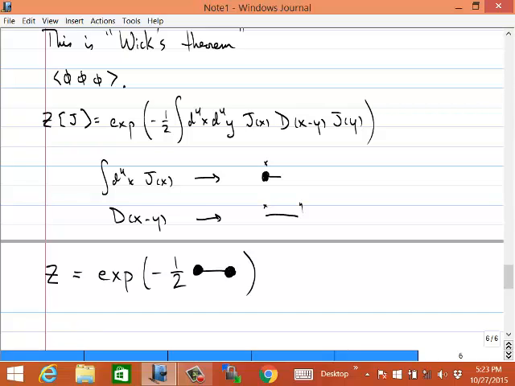And if you like, you could really even expand this out. So what is this? Well, the exponential of something is 1 plus that something plus 1 over 2 factorial times that something squared and so on and so forth.